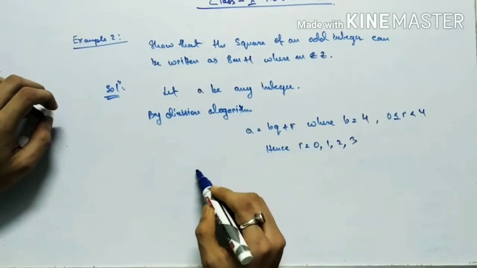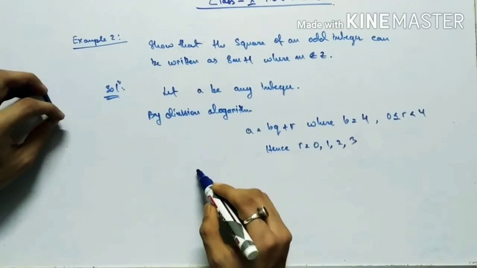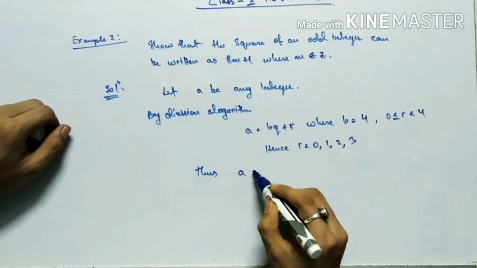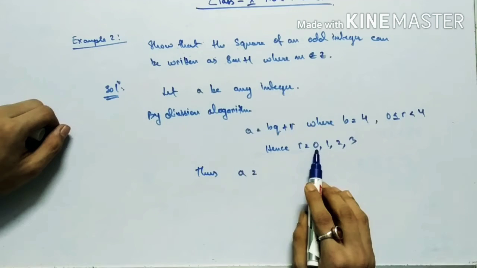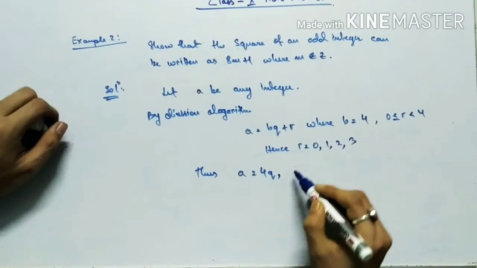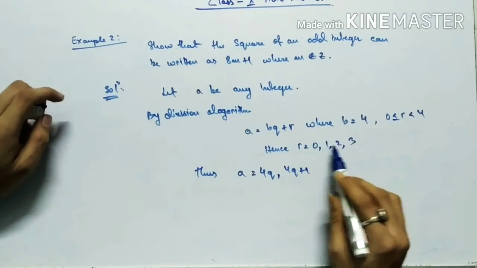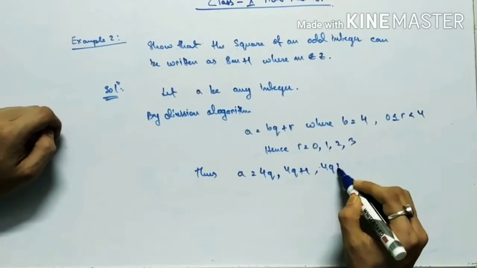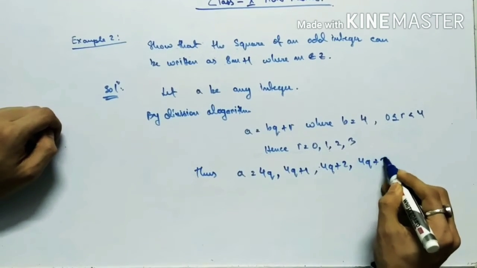So in here I can write that thus a equals, for r value 0, 4q; for r value 1, I will get 4q plus 1, 4q plus 2 and 4q plus 3.